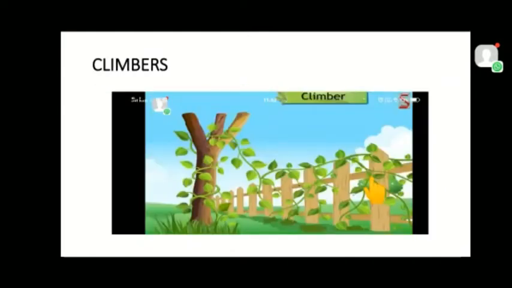Another type of plant: climbers. These types of plants have weak stems. They can't stand on their own feet. Such plants are called climbers.